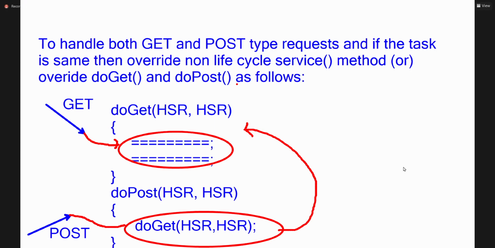That means Eclipse is saying, write doGet, doPost only, don't write service. Eclipse environment is designed like that. Now at last it is equal to non-life cycle service, no? Now both the requests are handled.